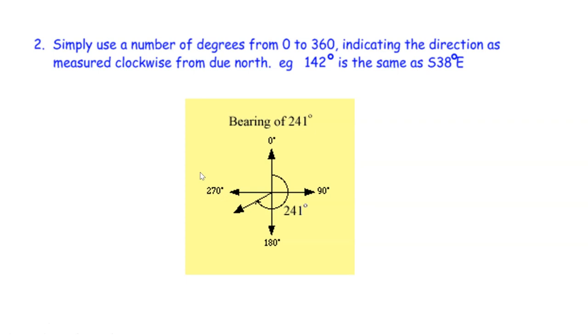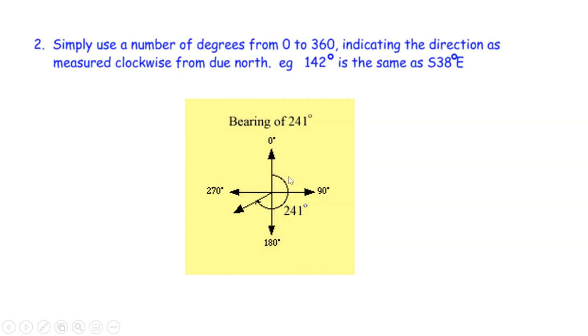The other way is to measure an angle starting off from north and going in a clockwise direction. So from north, if north is regarded as 0, then as you go clockwise from there, here's an example of 241 degrees. 241 degrees means you've gone past 180 and you're now in this quadrant down here, which would be your southwest quadrant.